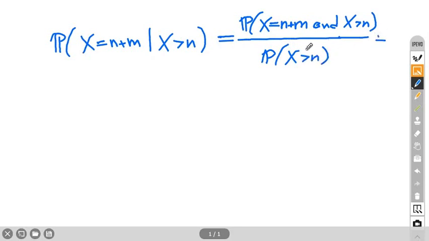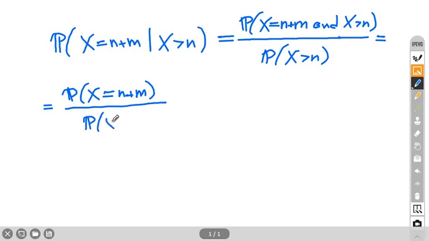And this is equal to the following. x is n plus m and x is larger than n. We can just write the probability that x is n plus m, because n plus m will be larger than n, over the probability that x is larger than n. Because x is geometric with probability p, this is the value of the PMF at n plus m.